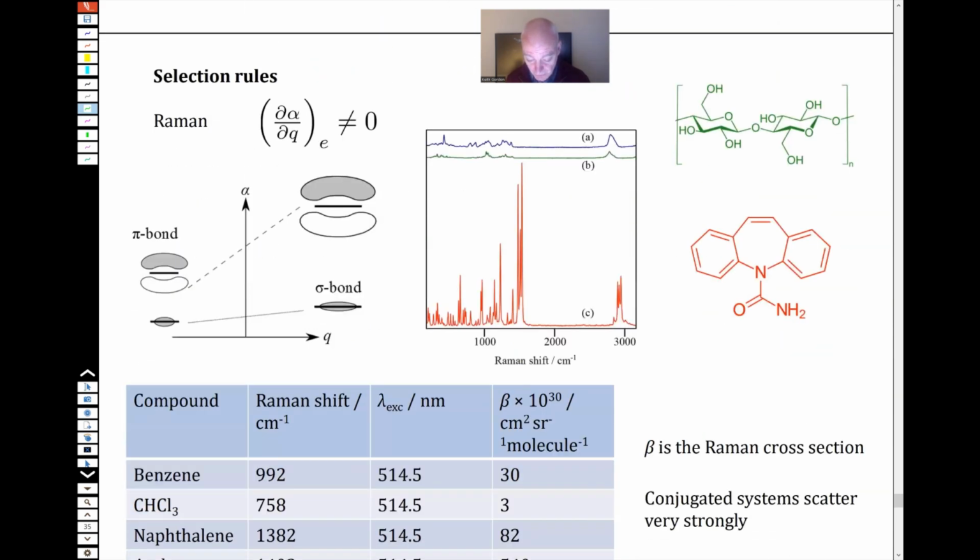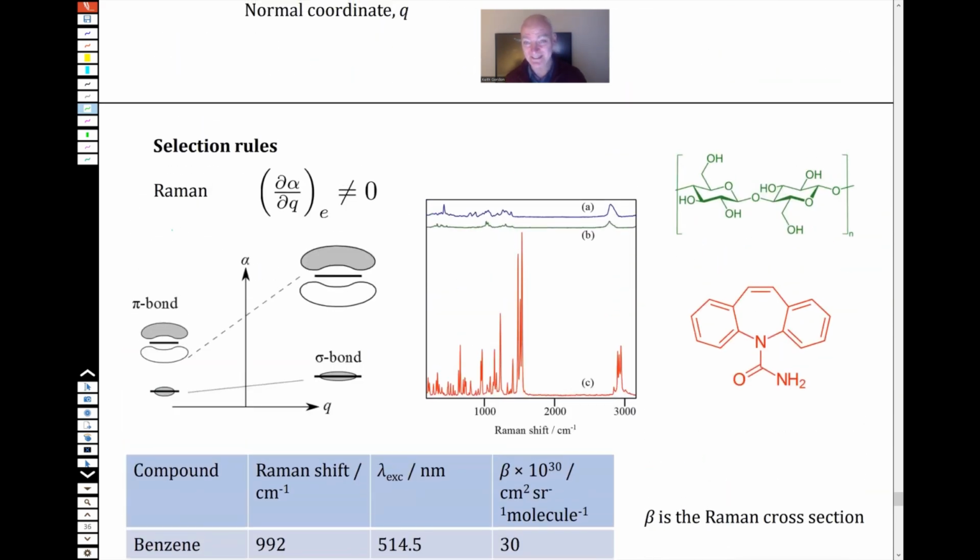So the selection rules are really quite different. What matters here is what's called the polarizability.